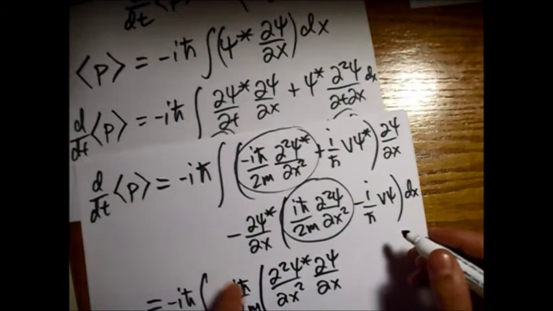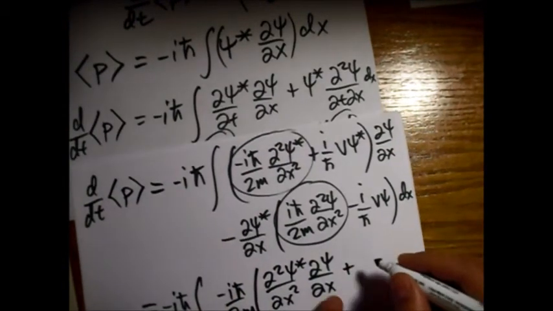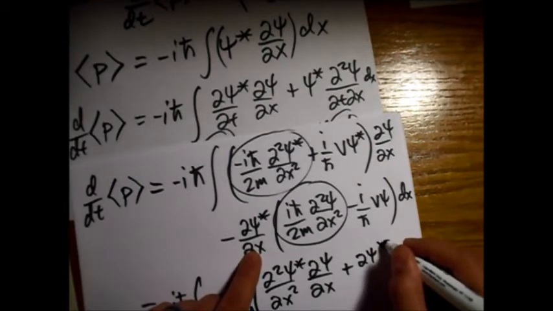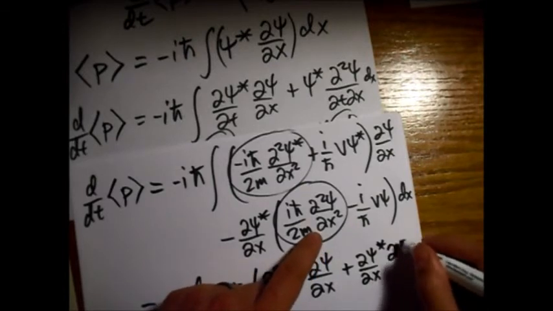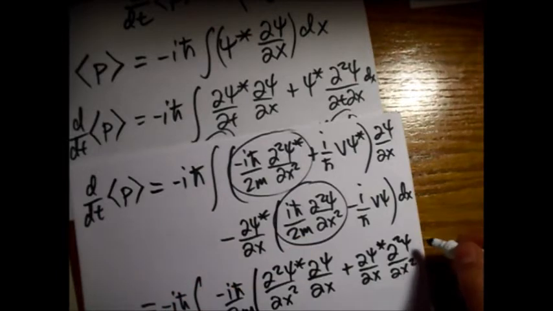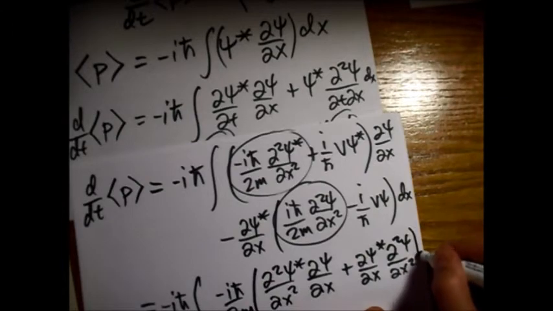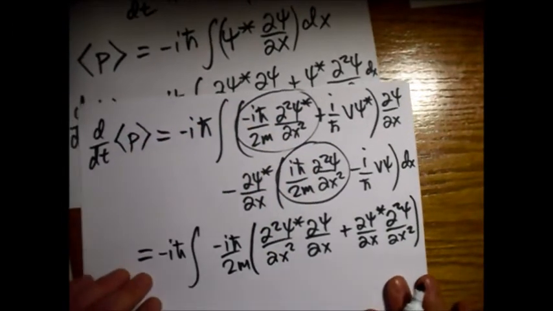Like that. Okay, this minus sign came out here, so now it's a plus. And now we have one spatial derivative with respect to x and two spatial derivatives with respect to x on the normal wave function. Okay. All right, so that's those two terms.